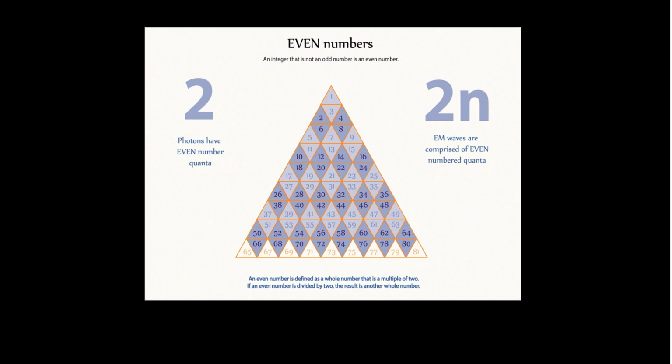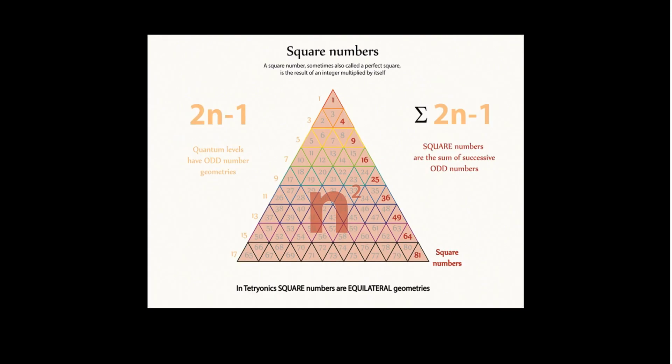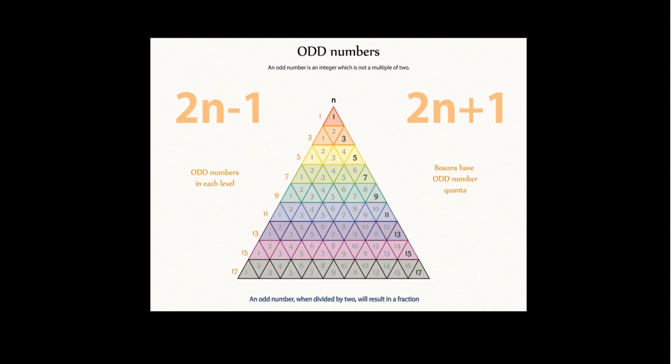That illustration I've just shown you of the scalar energies, just to highlight a point, and the quantum levels, odd number bosons, can also be looked at for the same energies. These are the bosons that make up that energy, that scalar equilateral squared number energy, and they're odd numbers.